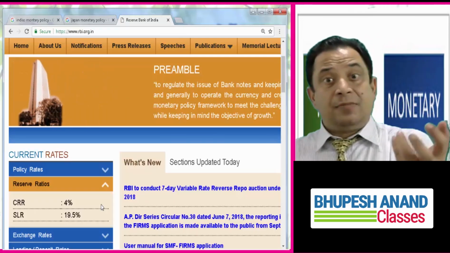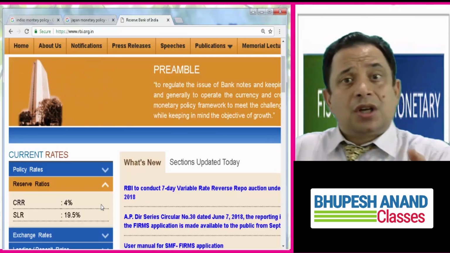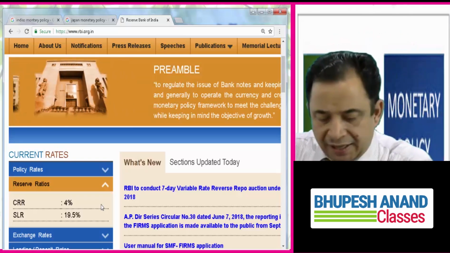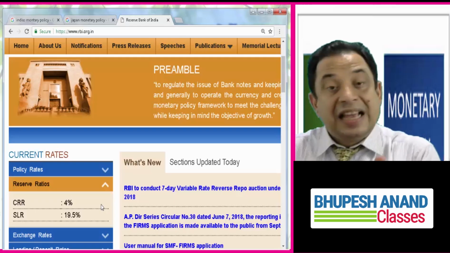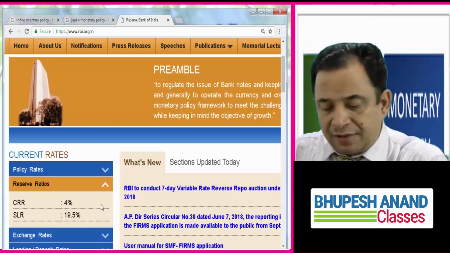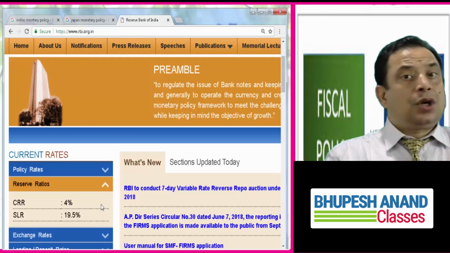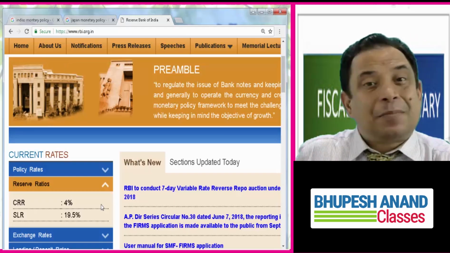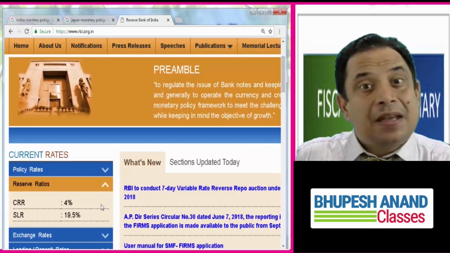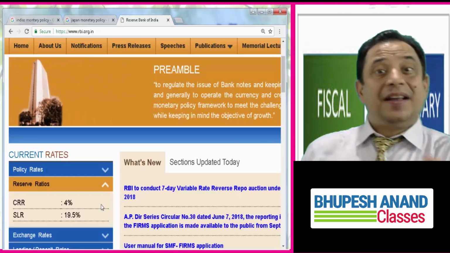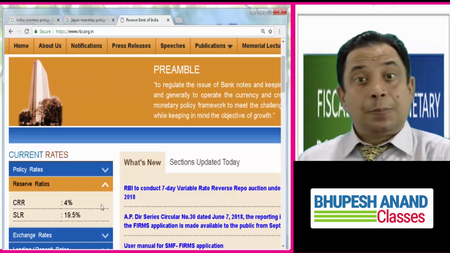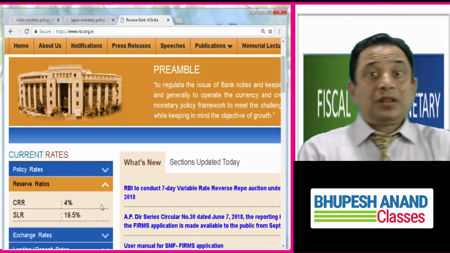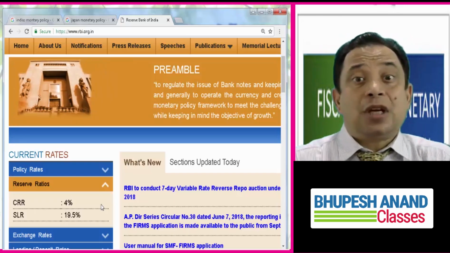As per the fractional reserve banking system, out of that 100 rupees which the banking company is getting as deposits, this banking company should keep CRR at 4% and SLR, statutory liquidity requirement, at 19.5%. It means 19.5 plus 4, 23.5%, is kept as reserve, and the balance can be given as a loan. This is named as the fractional reserve banking system. So the point is, if the central bank increases this rate, every commercial bank has to keep more reserve.